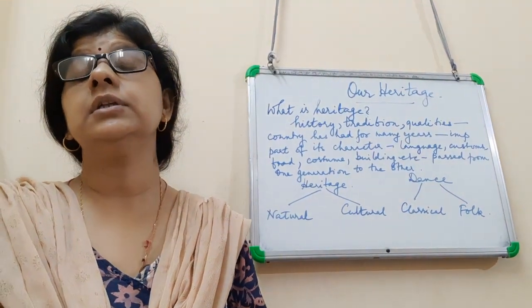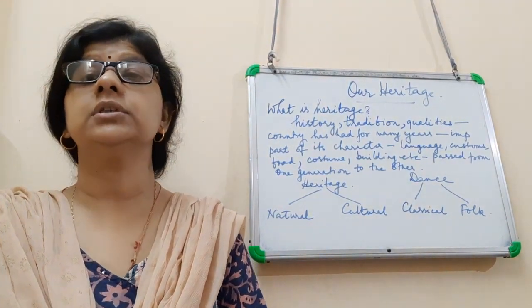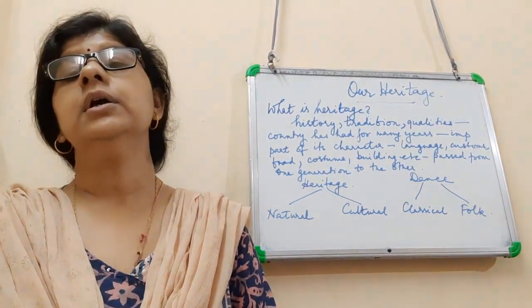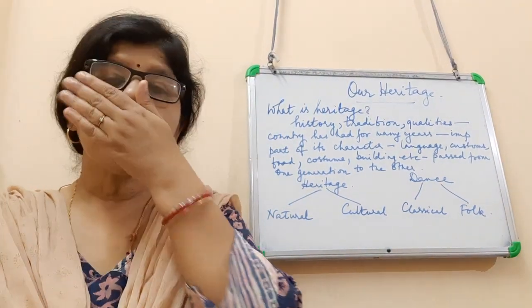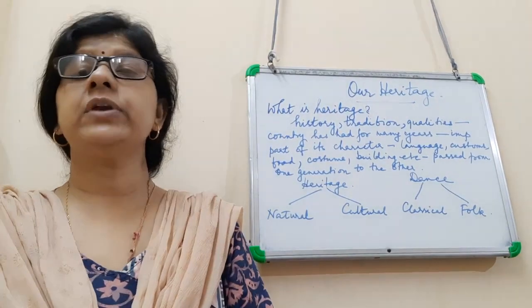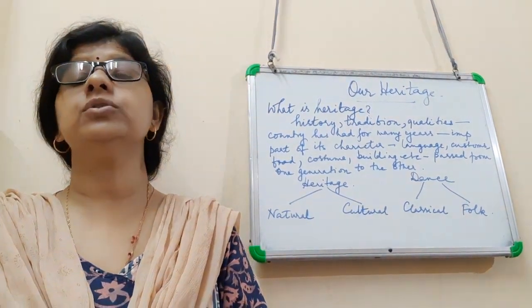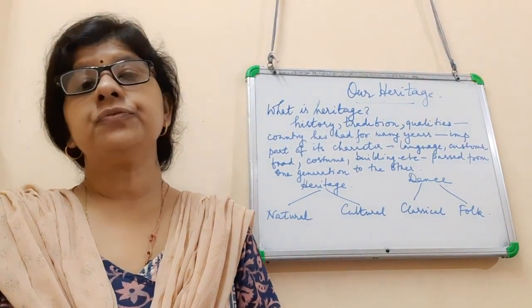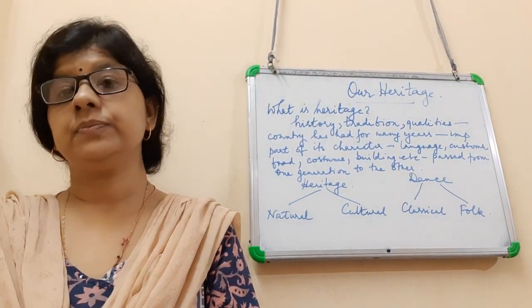We have the natural heritage and the cultural heritage. Under cultural heritage we have several things that come under it. Now in today's lesson, once again we are going to go through the whole chapter. First of all, what is heritage?